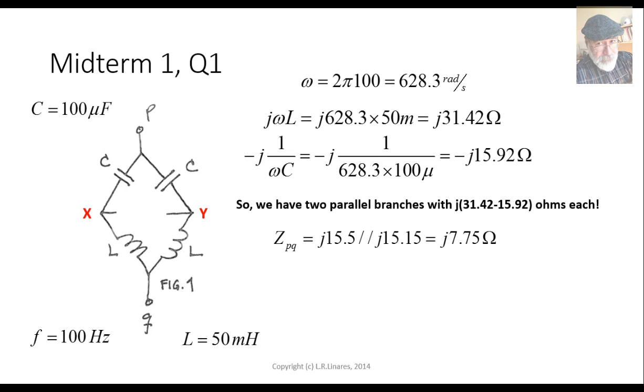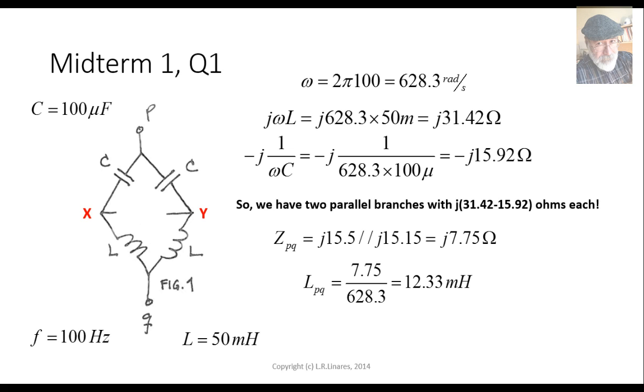What kind of an impedance is that? An inductive one. So we have an inductor as the equivalent element between nodes P and Q. To find the value of the inductance, divide that reactance by omega. 7.75 ohms divided by omega is 12.3 millihenries, and that takes care of that part.